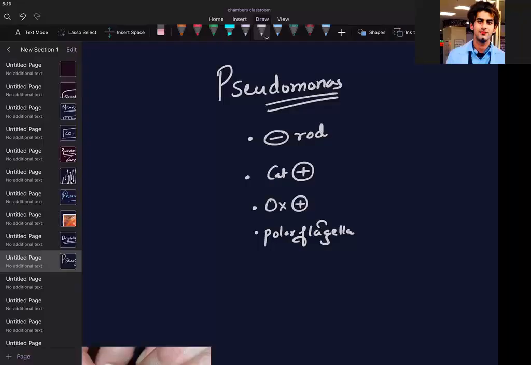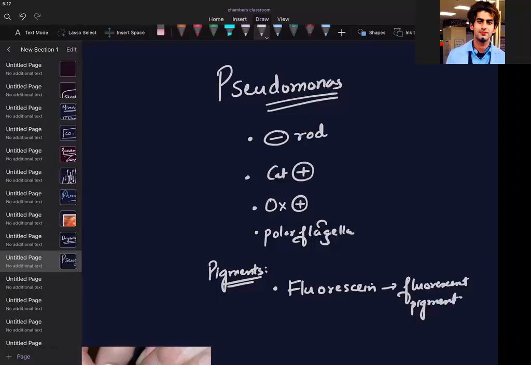The pigments are, first, fluorescein. What is fluorescein? Fluorescein is a fluorescent pigment.